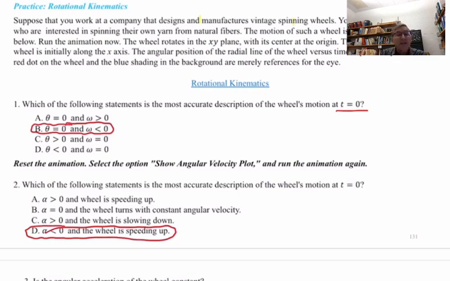We already said in question 1 that at time 0, the angular velocity is a negative quantity. And we now just said at time 0, the angular acceleration is also a negative quantity. So yes, it's speeding up. In fact, what's happening at time 0 is that the wheel is rotating clockwise and speeding up. Okay? All right, let's go on to question 3.